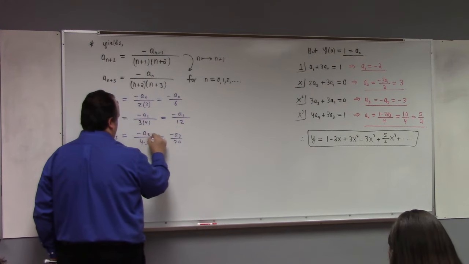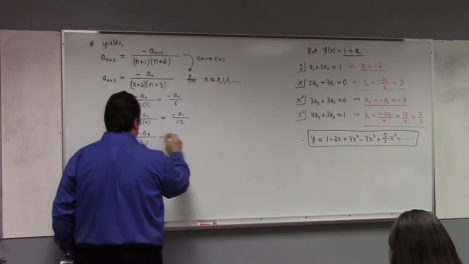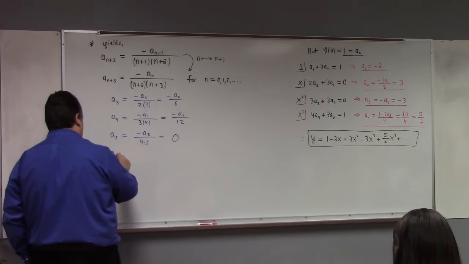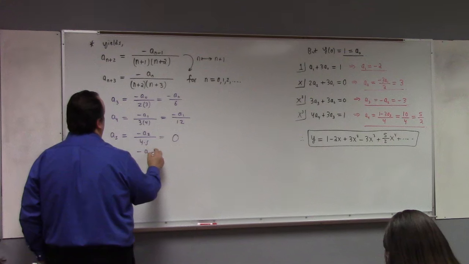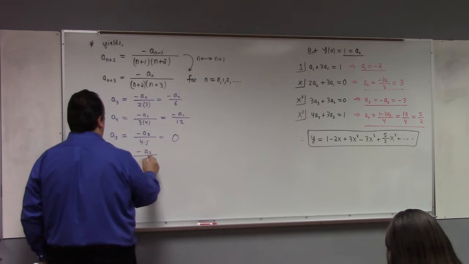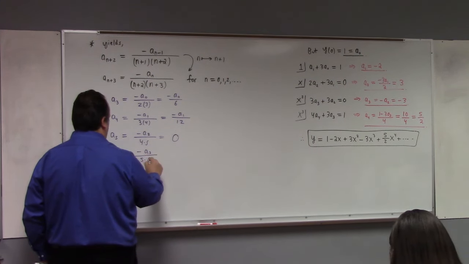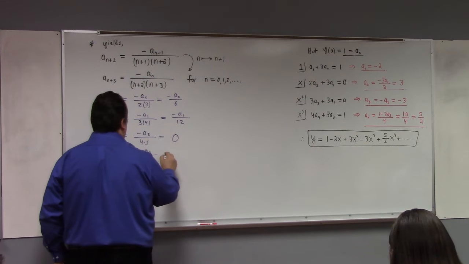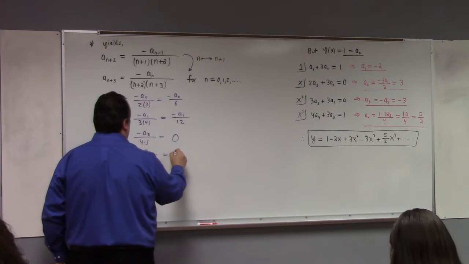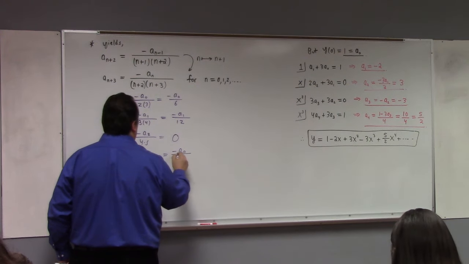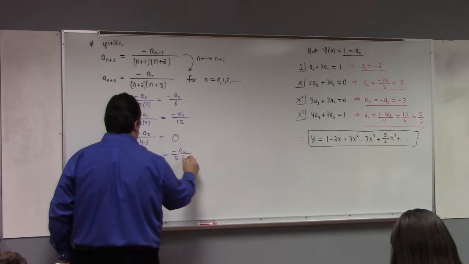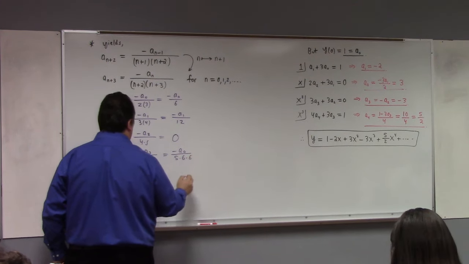Sorry, my bad. But that's easier because that is 0. And then a sub 6 is minus a3 over 5 times 6, I think. But that is minus a0 over 5 times 6 times 6.